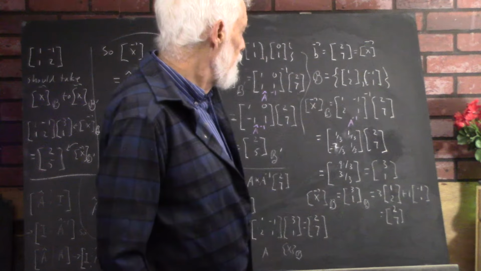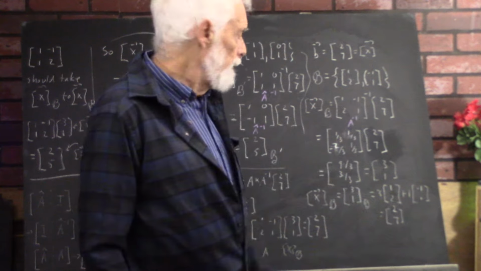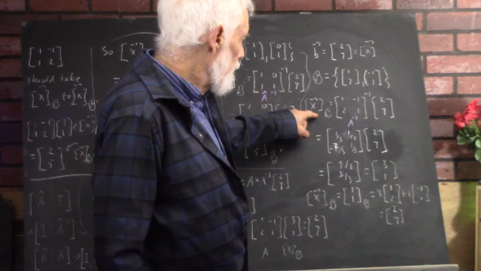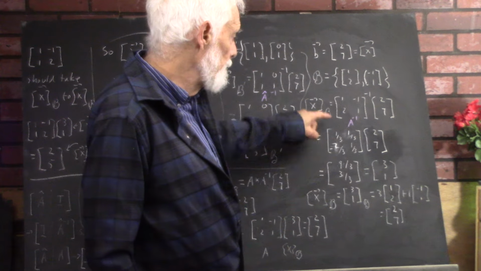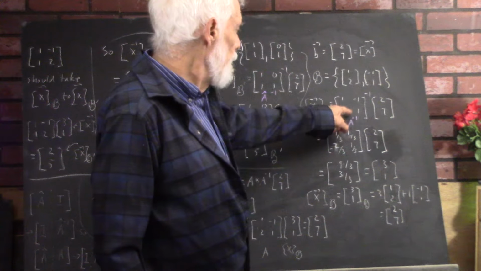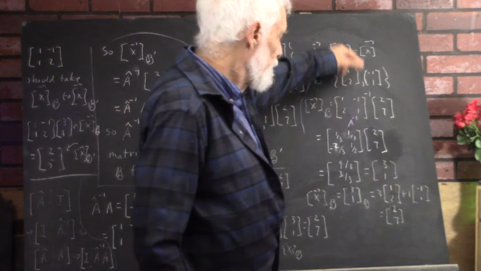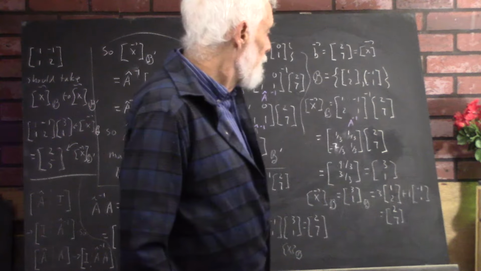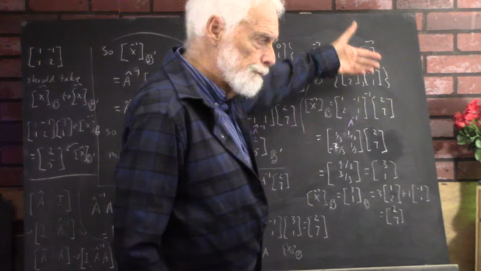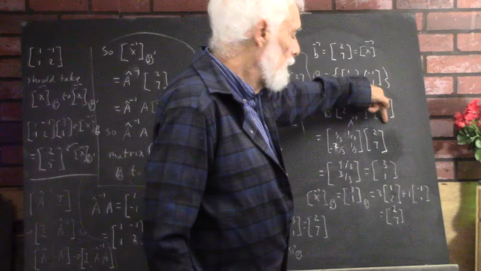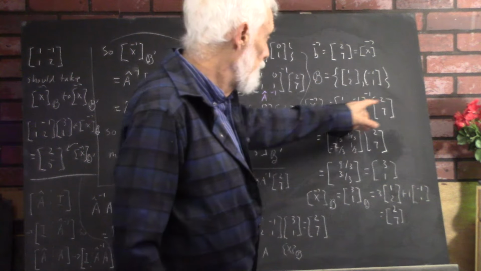Then, working it out in detail, your X representation with respect to the script B basis is going to be the inverse of this matrix, which is the matrix of columns, columns being your basis vectors, multiplied by that vector.